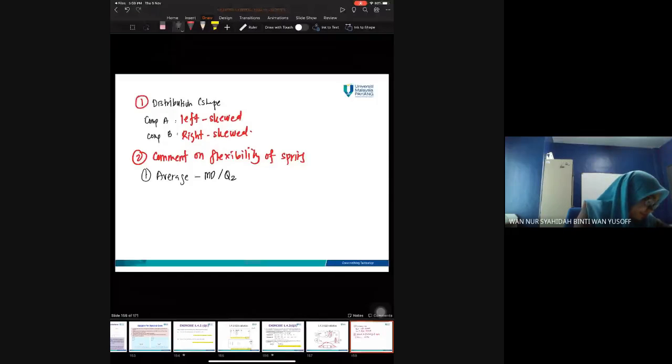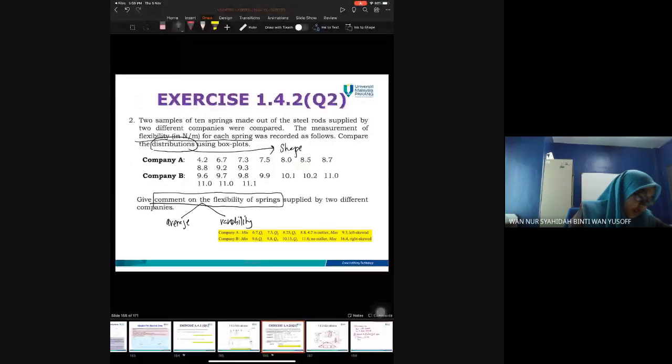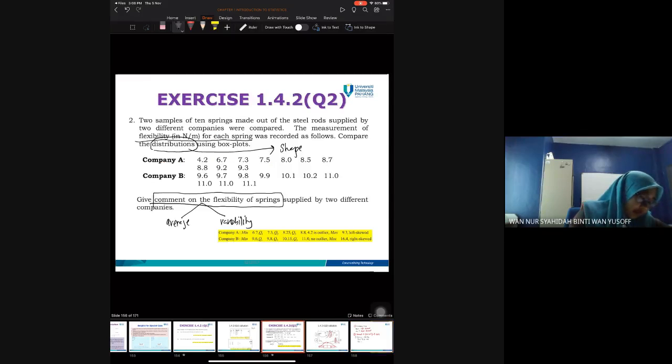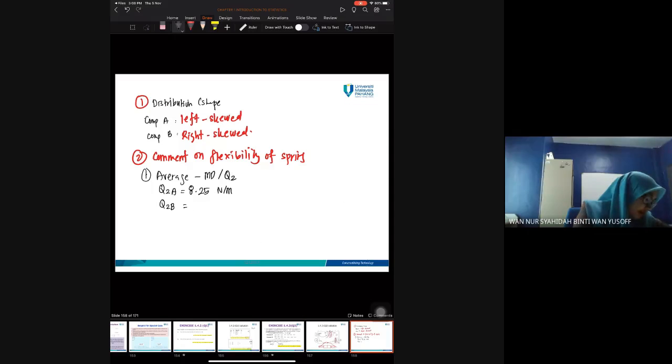So we have Q2 for A, 8.25, here we have the unit, and then we have Q2 for B, 10.15. State the value first. Why do we need you to state the value?